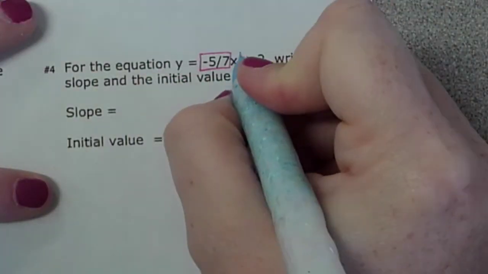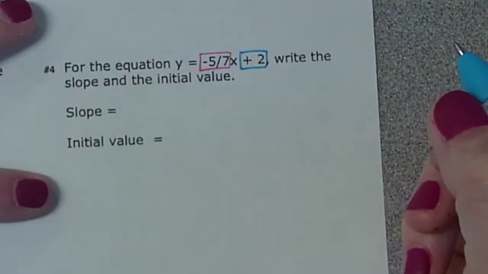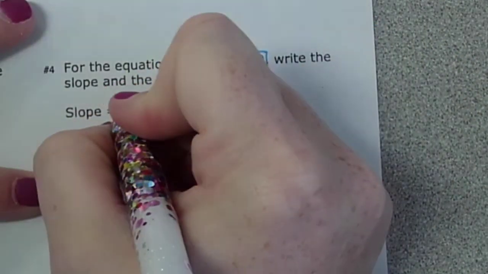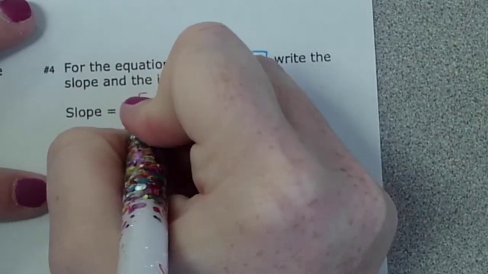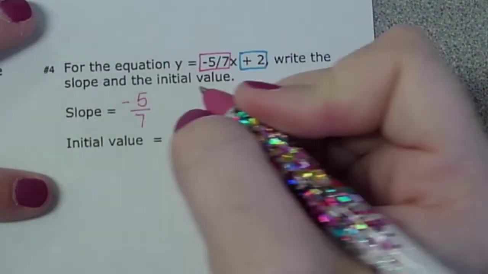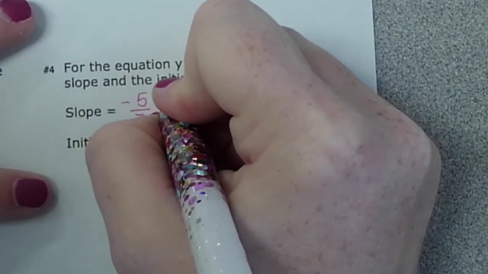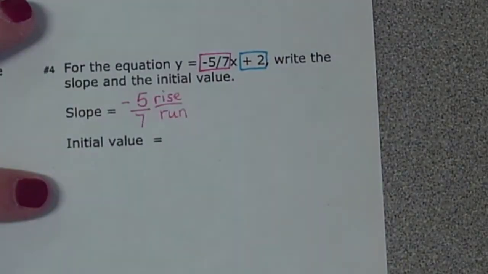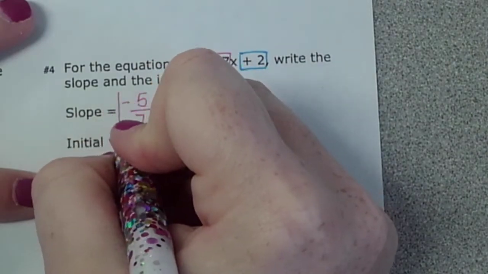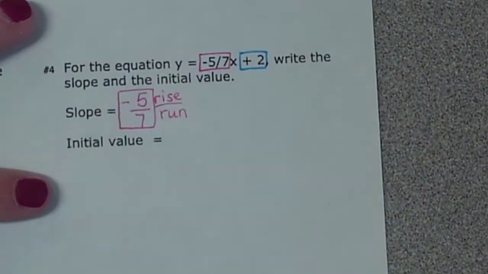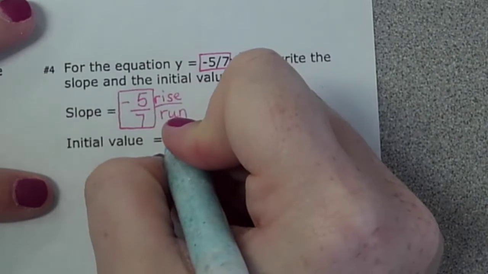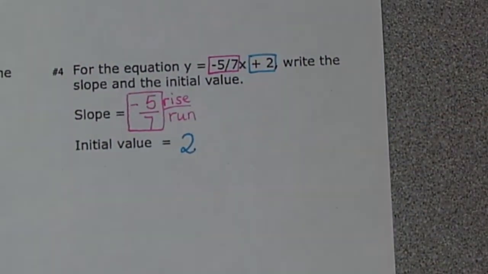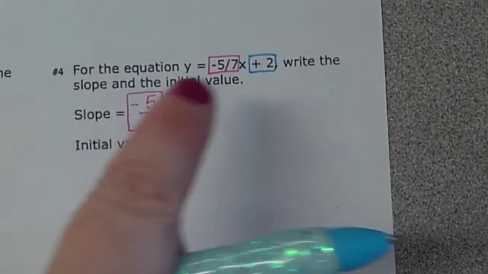The number adding or subtracting at the end is your initial value. Our slope would be -5 over 7. Think about if you're having to graph that, that's the rise over run. And the initial value is positive 2 because it's a plus sign.